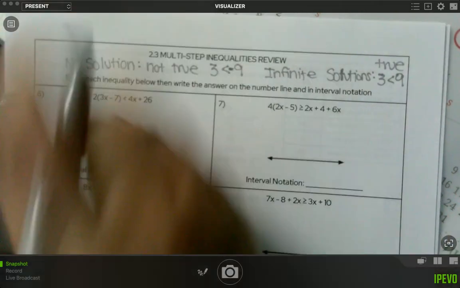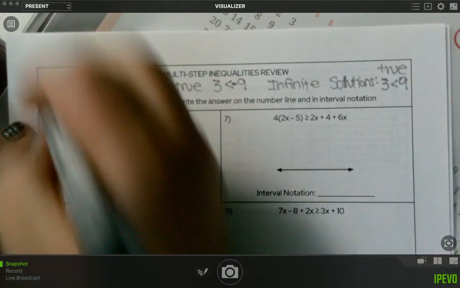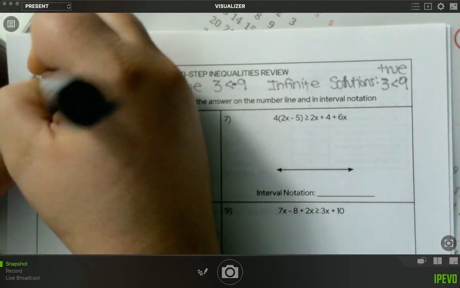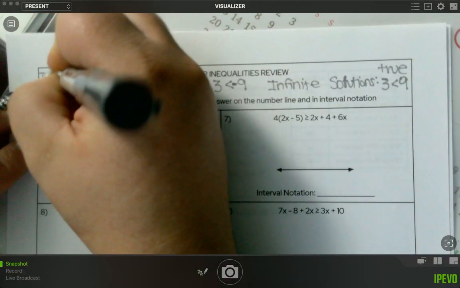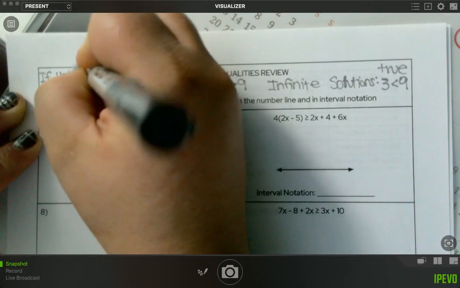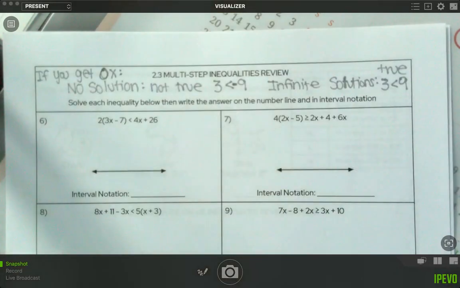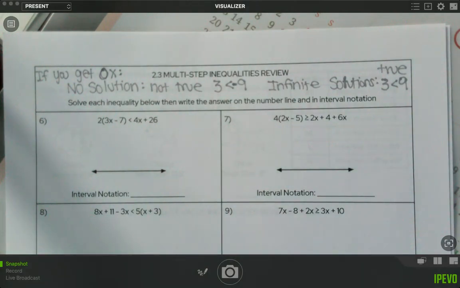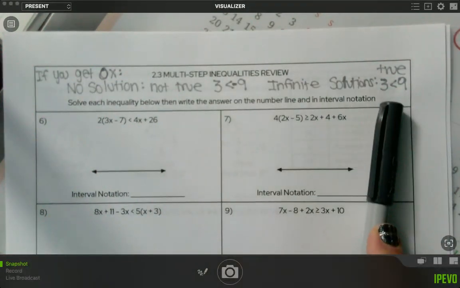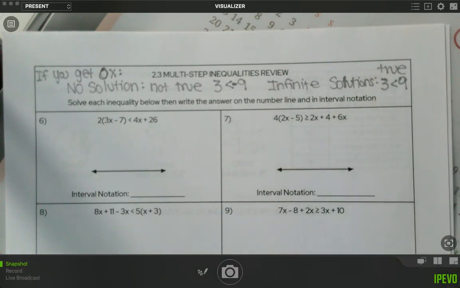Okay? These two things only happen if you get 0x. So if both your x's cancel out, then either you're going to have this or this, because notice how there's no x's left on there.